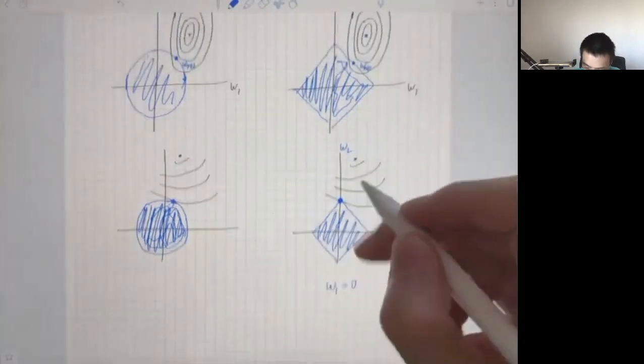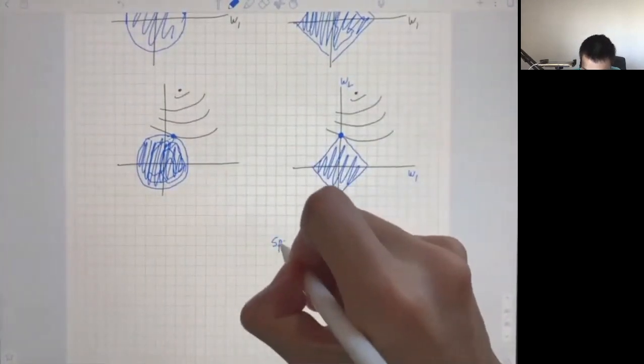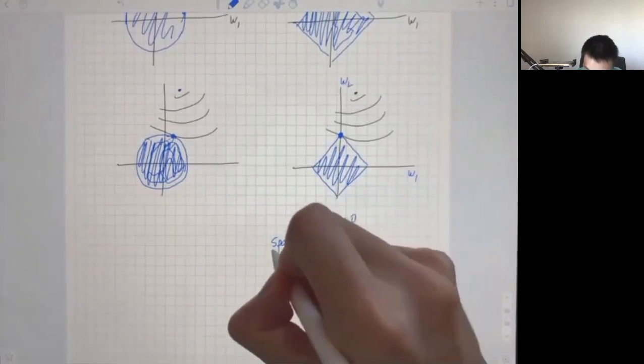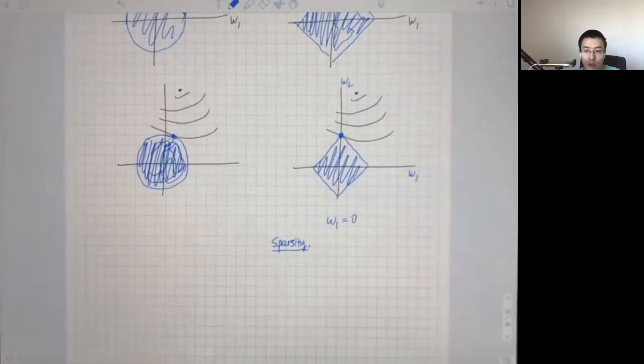So this is something known as sparsity. Sparsity just means a large portion of the values are 0, okay? So if you have W1, W2, maybe one of them is 0. But if you have W1, W2 until W a million, then maybe most of them are 0. You only have very few weights that are non-zero, okay?